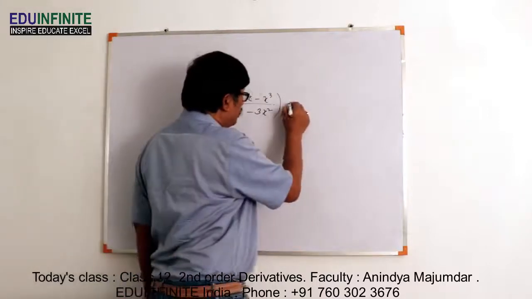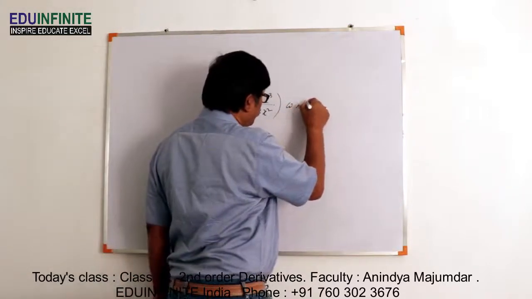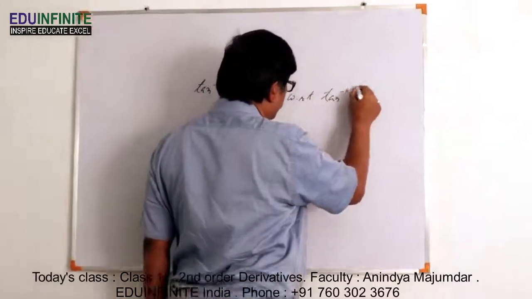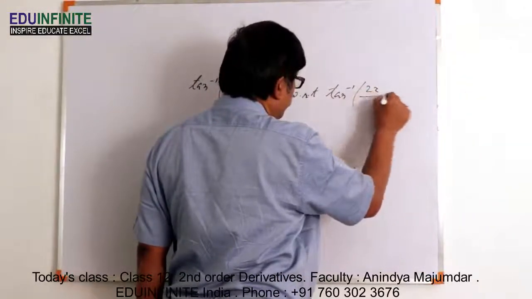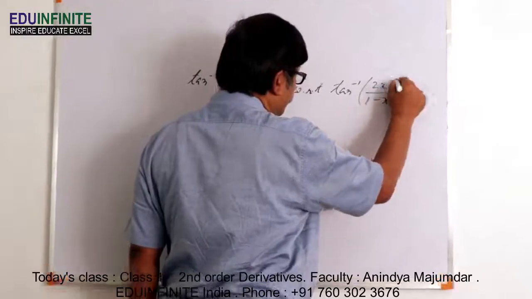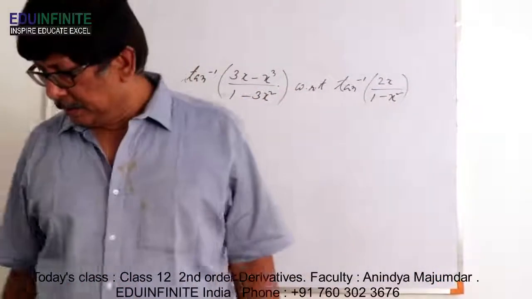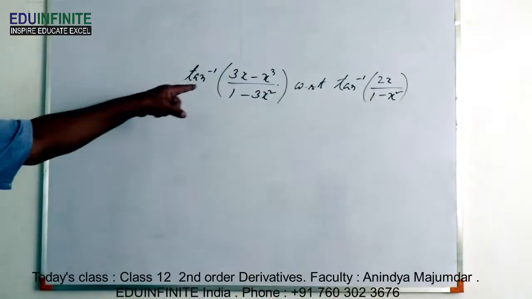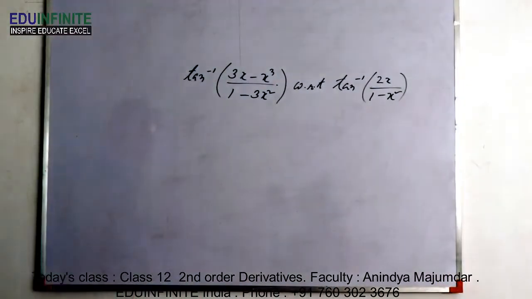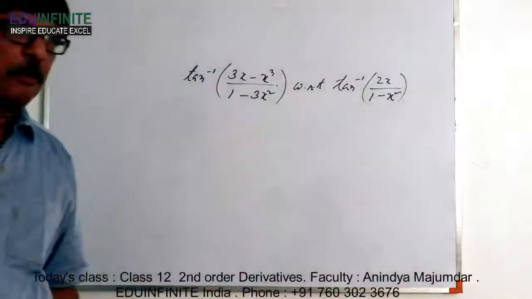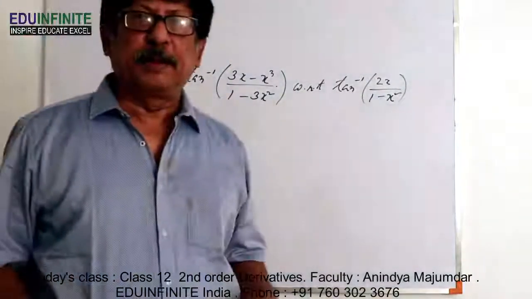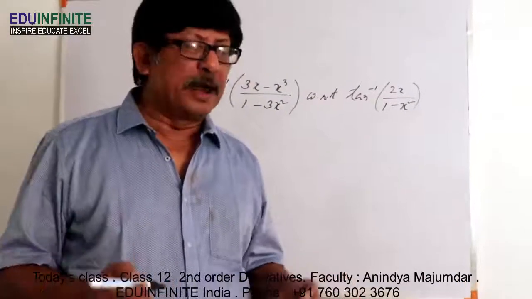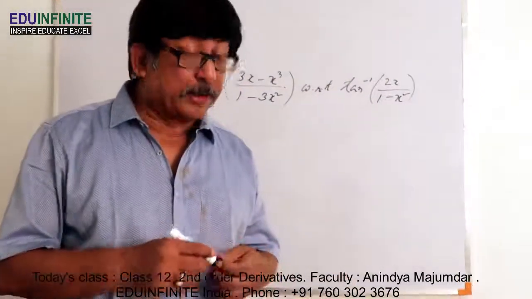Differentiate this with respect to tan inverse 2x by 1 minus x square. Now, I'm expecting that you will give me some input for that and you will help me rather.